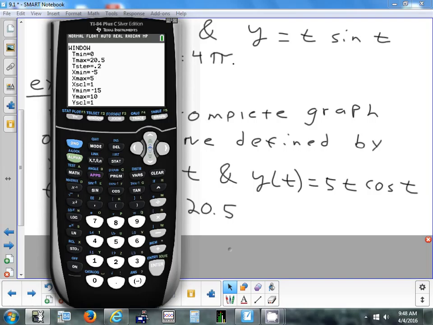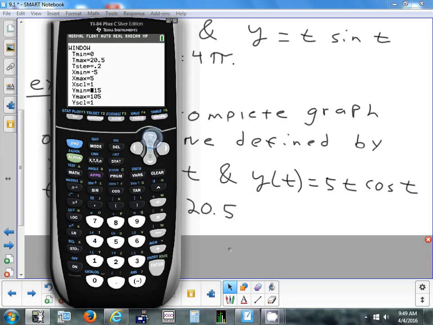They give me an upper limit on my t max. 20.5. So 1 times 5 is 5. Let's just do 5 times 20. 100, and just add a little bit. So your y max is never going to go above probably 105. What's the lowest cosine goes? -1 times 5? -5 times 20, -100.